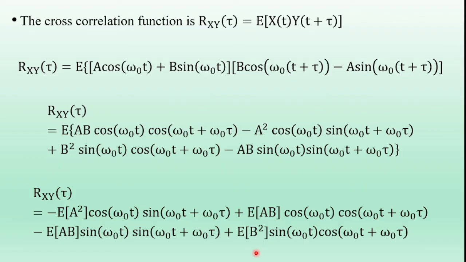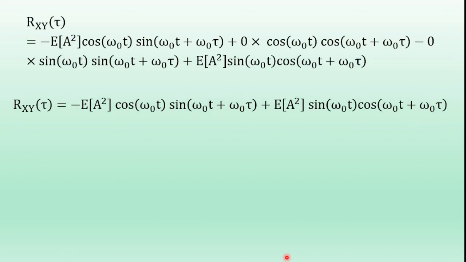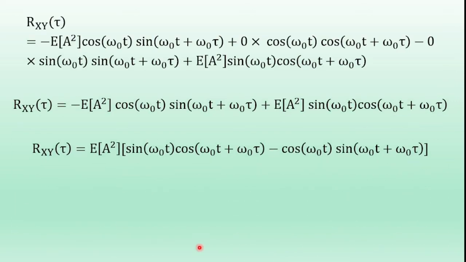After substituting, in the first term and fourth term take the common expectation of a square. Therefore, expectation of a square into sin of omega naught t cos of omega naught t plus omega naught tau minus cos of omega naught t sin of omega naught t plus omega naught tau.